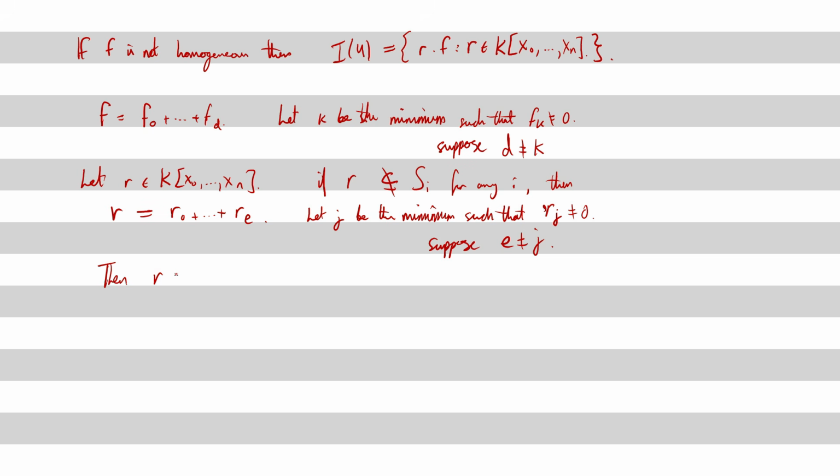Then r times f has multiple forms, namely r_e f_d where d is the maximum, plus and so on, plus f_k multiplied by r_j.